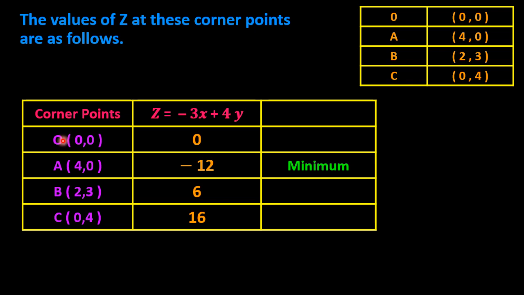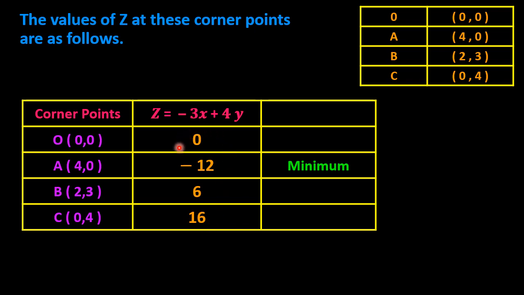For the first corner point O, x is 0, y is 0, so z is 0. For the second corner point A, having coordinates 4, 0, x is 4, y is 0, so we get z equals minus 12. Similarly for corner point B, we get z equals 6. And at last for corner point C, we get z equals 16.